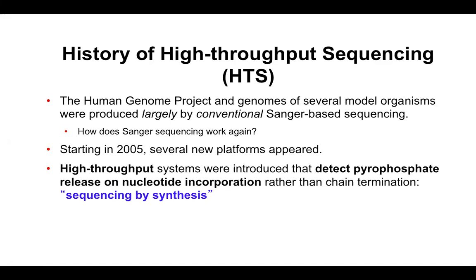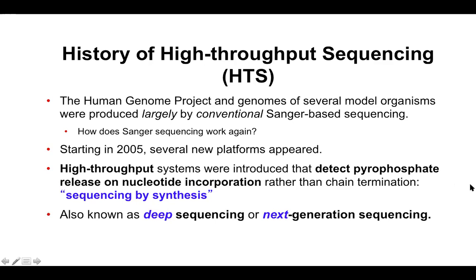High throughput systems do something different. Instead of doing chain termination, they detect the release of a pyrophosphate when a nucleotide is added. So rather than waiting and measuring all the different ends of sequencing, we're sequencing by synthesis. And this will make more sense when I show you guys some videos, okay?